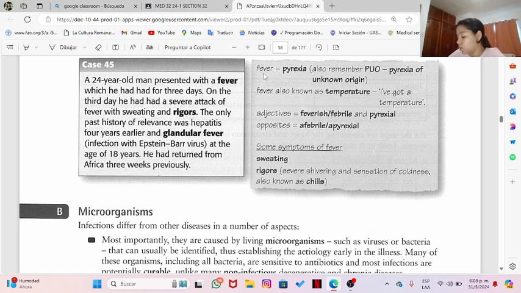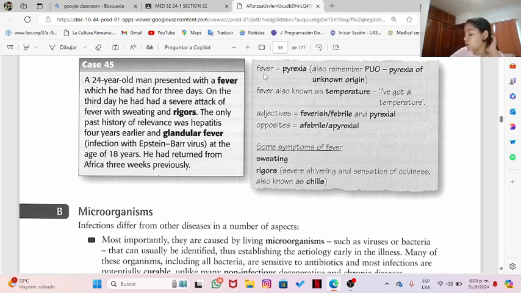Fever, also pyrexia. Also remember PUO, pyrexia of unknown origin. Fever is also known as temperature. I have got a temperature.